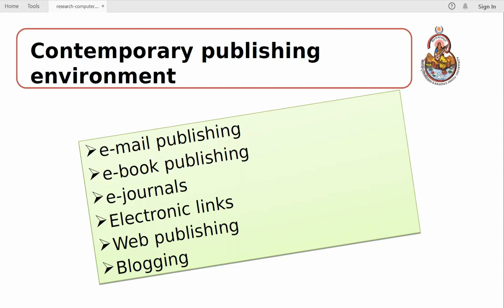What you need to prepare is your content, and then push a button so that your matter is published on the website, your matter is published on the web. So, the whole contemporary publishing has changed, and it has brought down the pricing to a great extent.